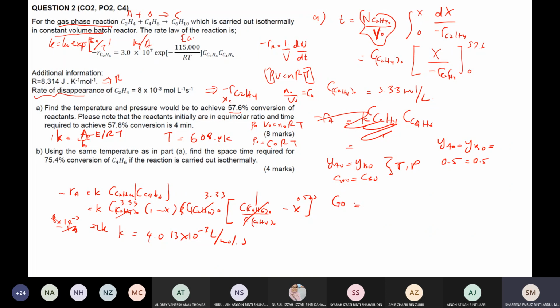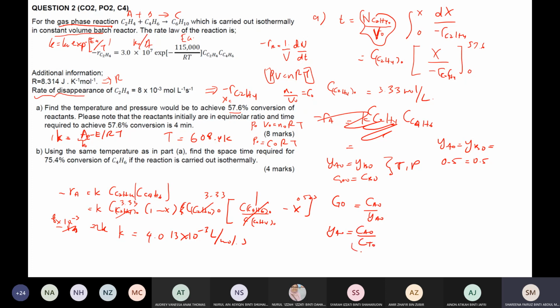C total naught is equal to, remember ni topik number 2 atau 3 tak ingat. Okay, so equal to C A naught over Y A naught. Remember kalau kita tahu C A naught, Y A naught is equal to fraction C A naught over C T naught.